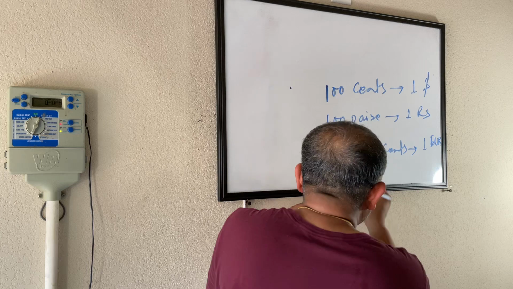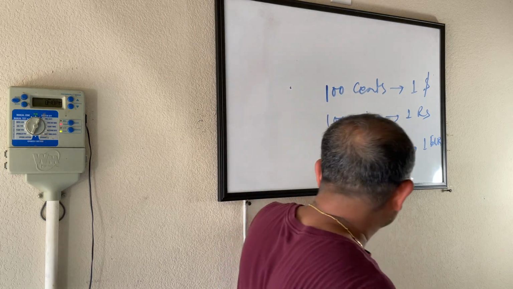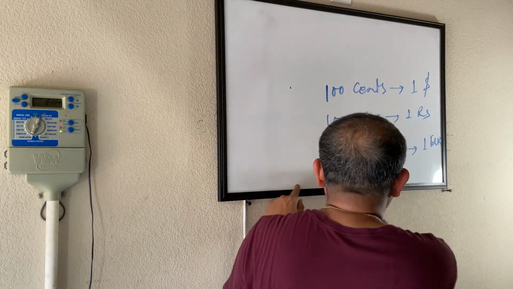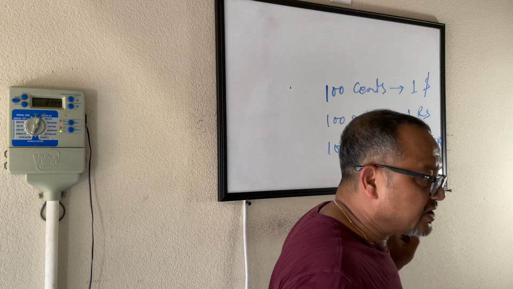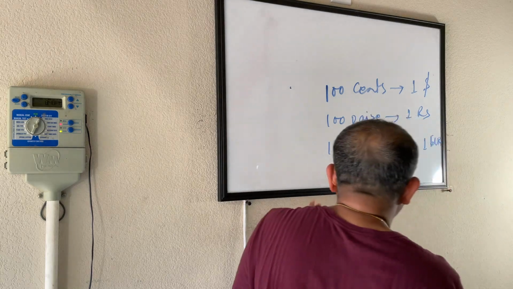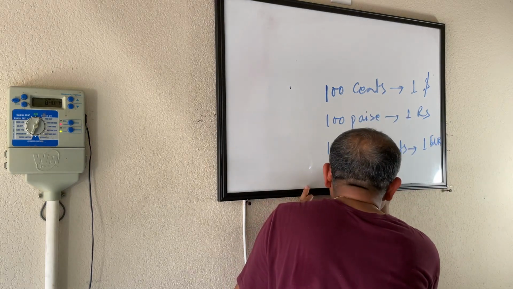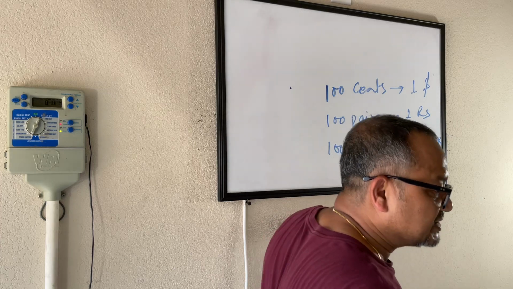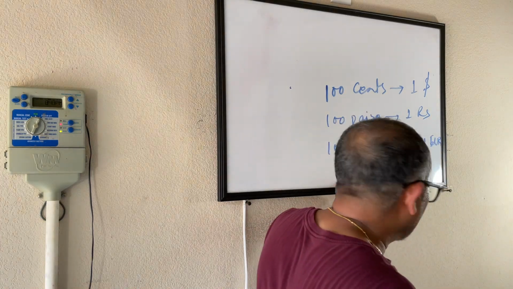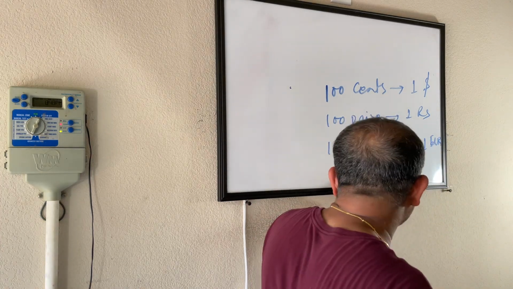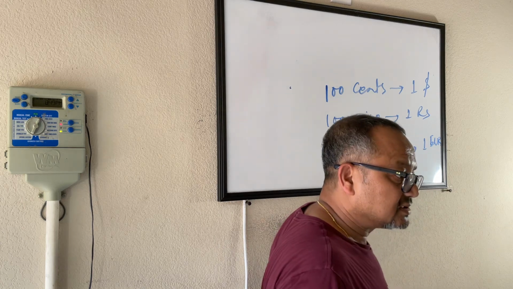So this is $1, 1 euro, 1 rupee, whatever it is. If somebody says 1.1, let's say it's dollars, what am I talking about? $1 and how many cents? 1 cent?